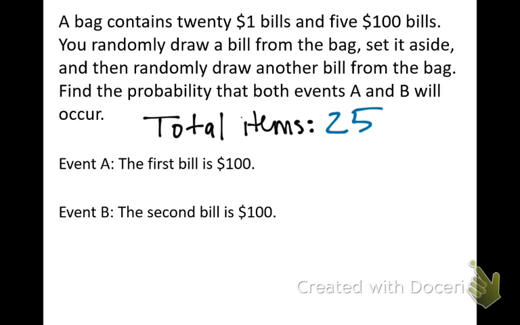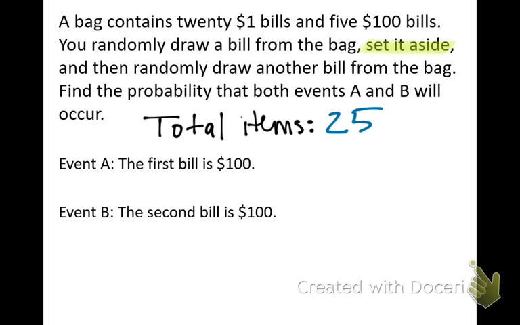So what happens is you randomly draw a bill from the bag, set it aside, then randomly draw another bill from the bag. Find the probability that both events A and B will occur. So what phrase was especially important to us? Set it aside. What does set it aside tell me? It's not going back in the bag.